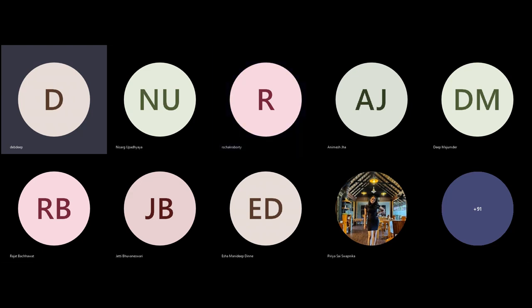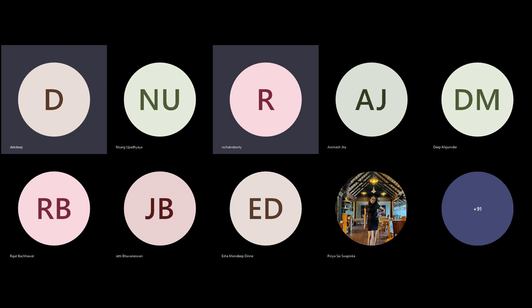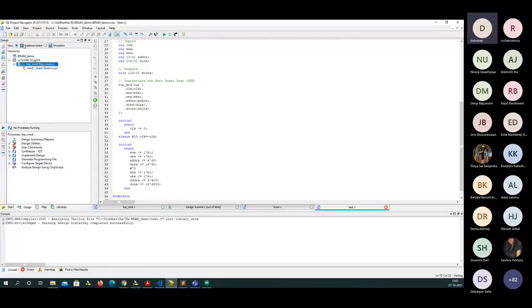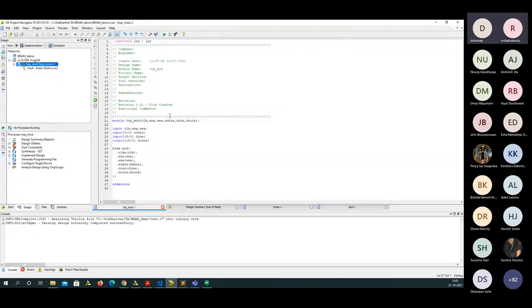Siddhartha, are you there? Yes, sir. Maybe you can share the screen and tell how to instantiate the block RAM. This will be useful to implement your instruction memory as well as your data memory. In actual processors, we will probably use cache memory and an SRAM, but here we perform this implementation using the BRAM component in your code.